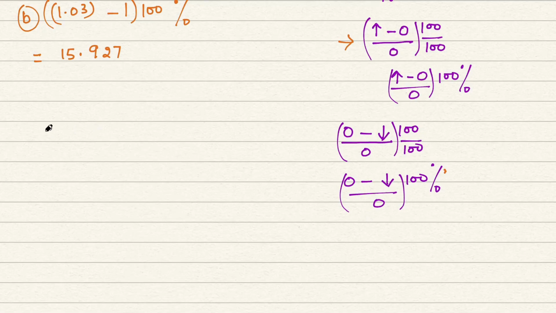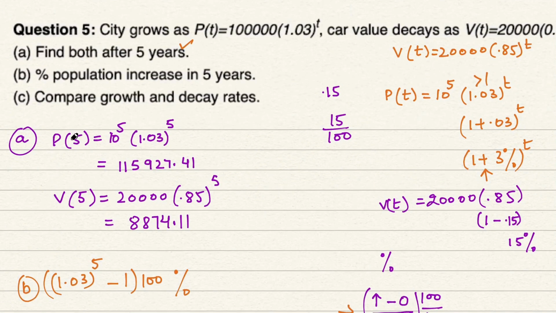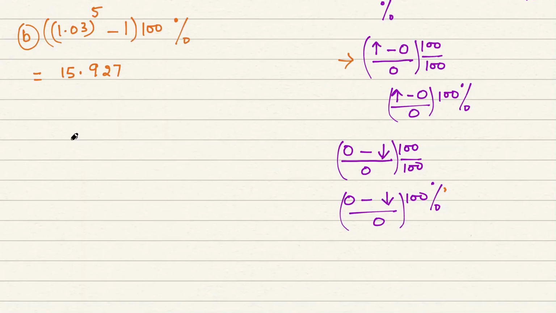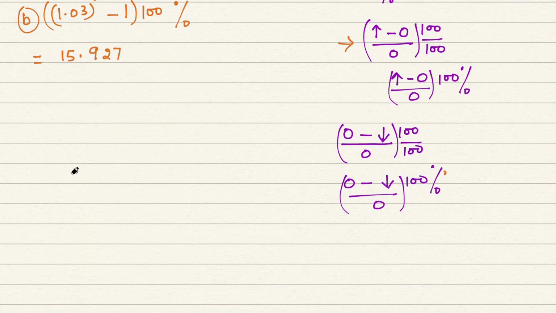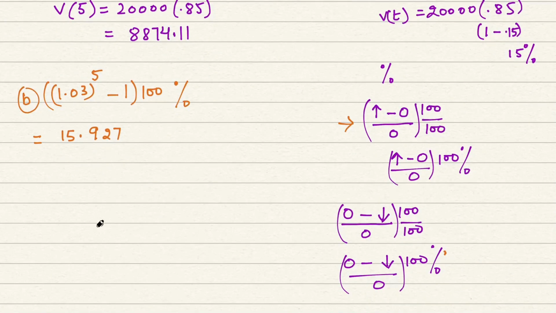Now let's see this. So what is the original value? Have we calculated this after? Yeah, 8874. So it is 20,000.